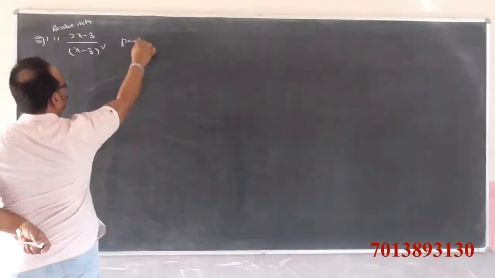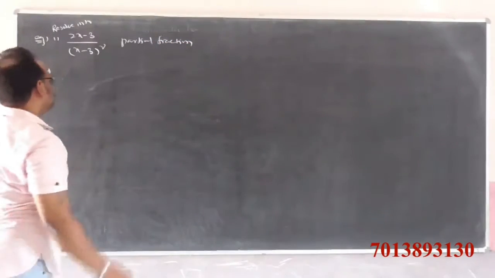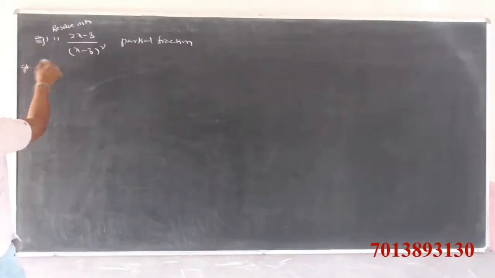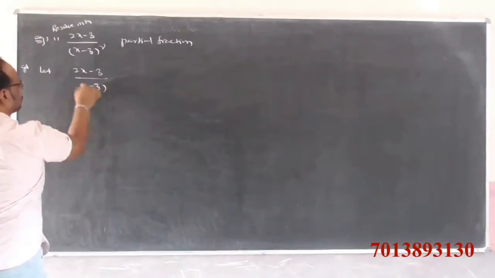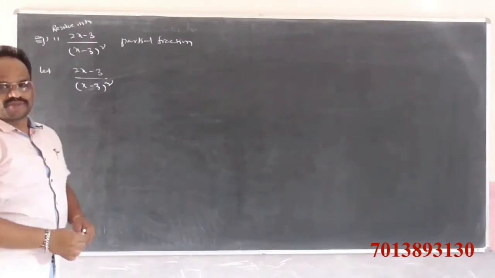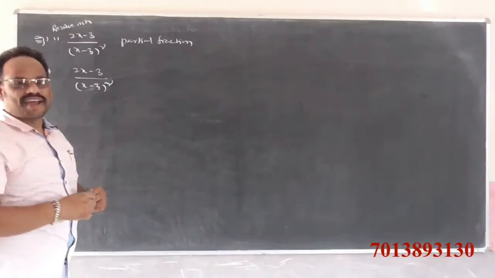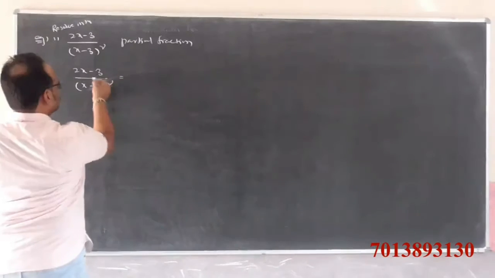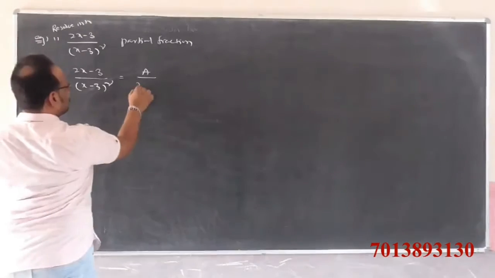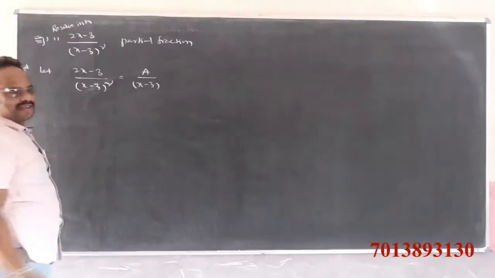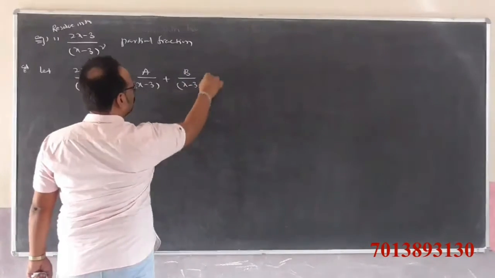Resolve into partial fractions. Let us assume (2x minus 3) by (x minus 3) whole square is equal to, since the denominator contains repeated linear factors, A by (x minus 3) plus B by (x minus 3) whole square.